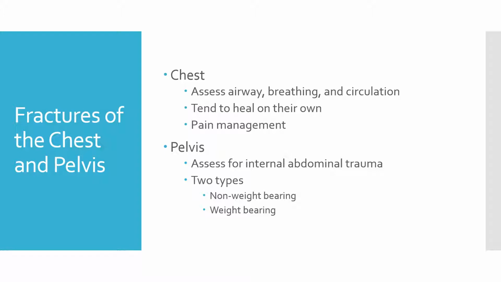And so if you have a pelvis fracture, it's kind of like a sharp object that could potentially nick any of those organs. So they are a huge risk for bleeding and internal abdominal trauma bleeding.